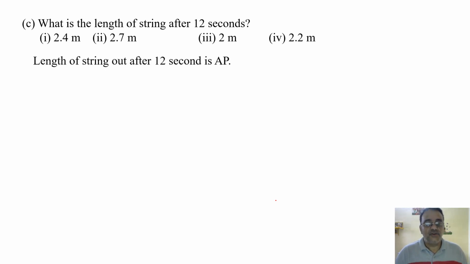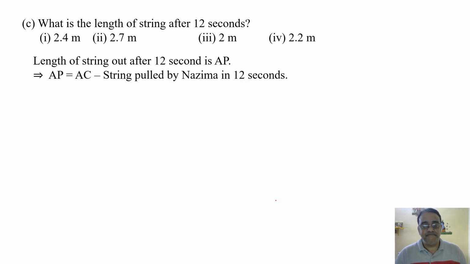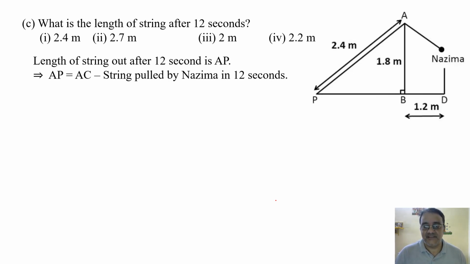The length of the string will be AC minus string pulled by Nazima in 12 seconds, that is 0.6. So 3 minus 0.6, that will be 2.4 meter. So this diagram is after pulling that 0.6 meter. Clear? Yes, sir. So the correct option is the first one.